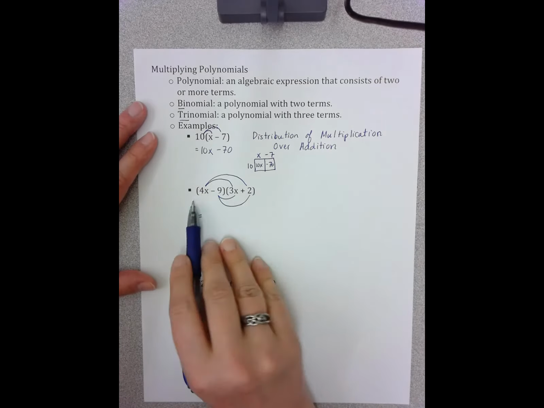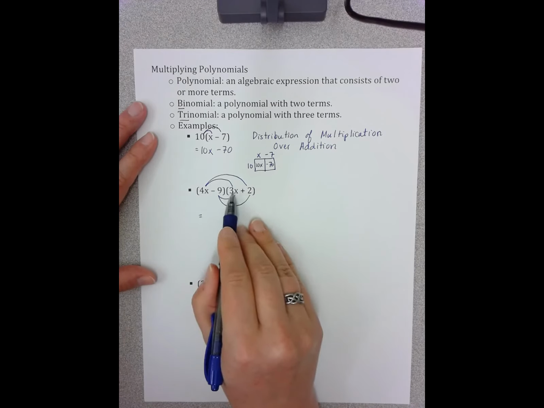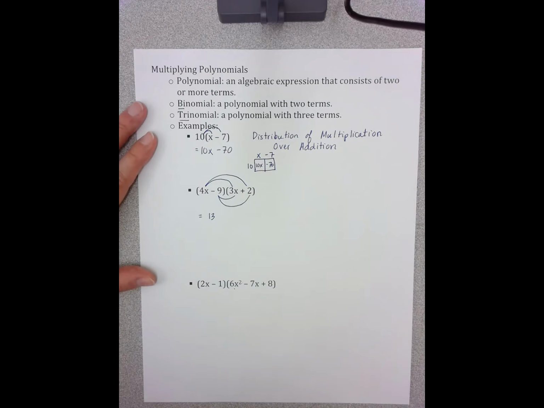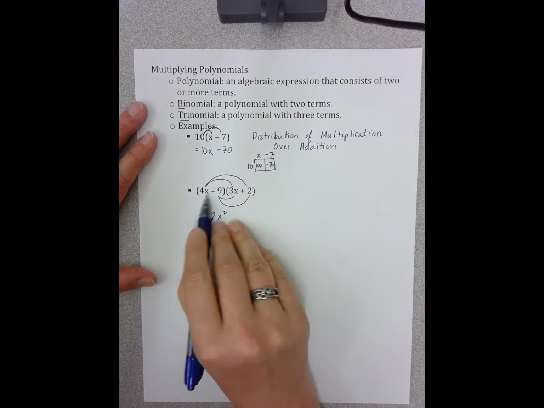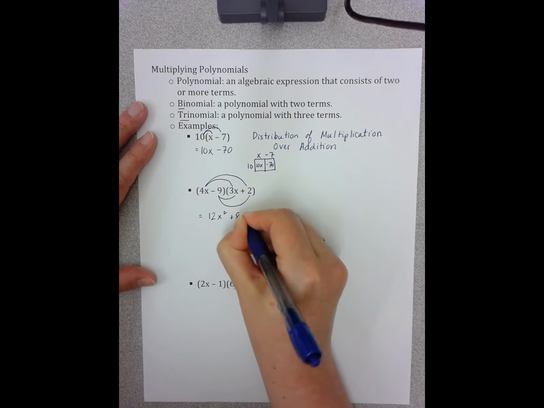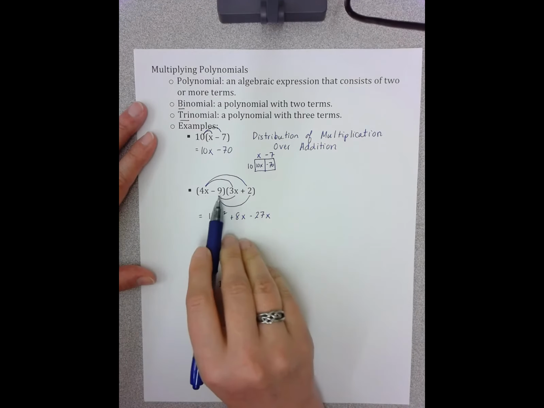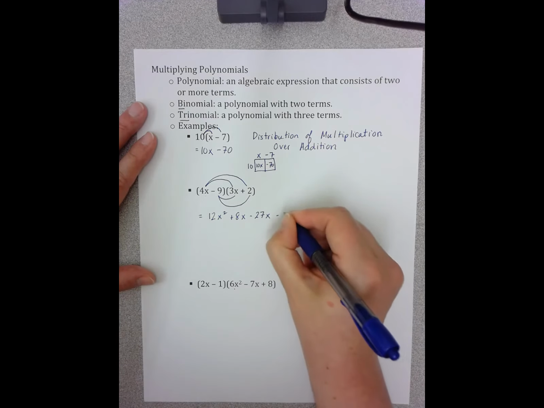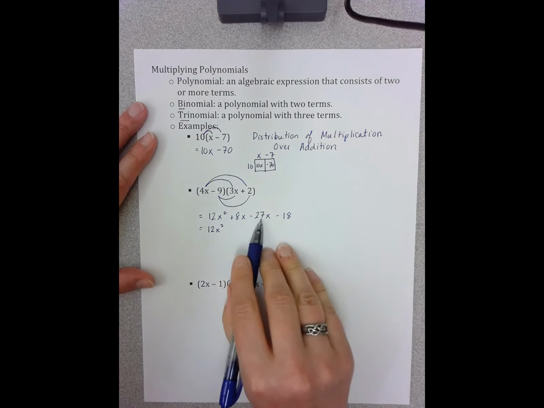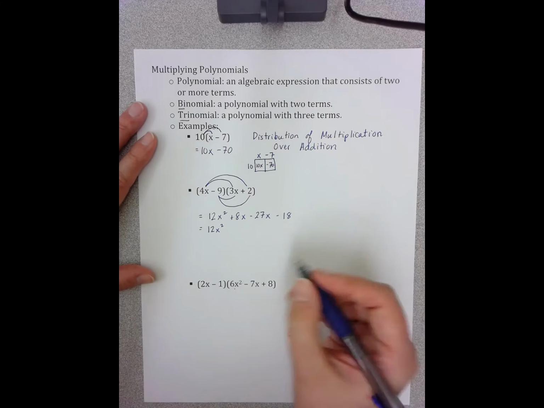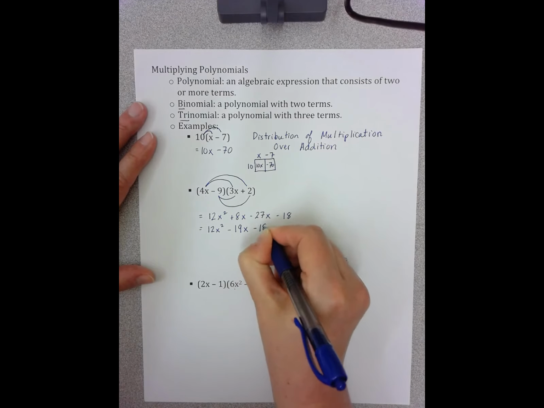The way that I was taught was just simply using these double rainbows is what I call them. 4x times 3x, 12x squared. 4x times 2, 8x. Negative 9 times 3x, minus 27x. And negative 9 times 2, minus 18. And then I can combine some like terms in here. 8x and negative 27x are like terms, and when I combine them, I get negative 19x minus 18.